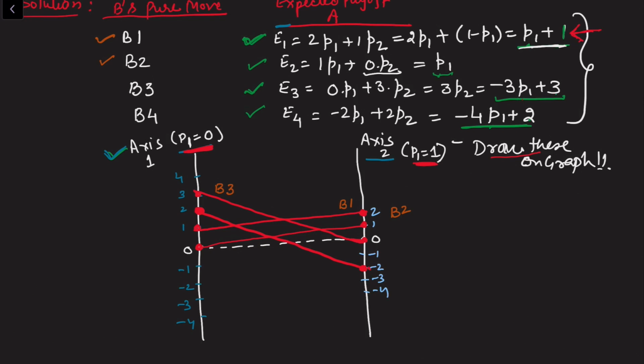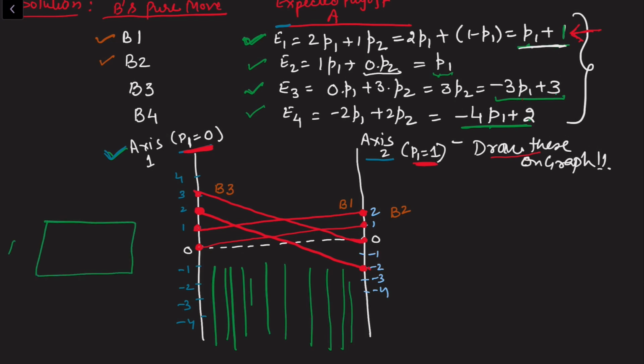So we want to find the minimum value. This is considered the lower envelope. In player A's payoff, first we select the minimum values, and out of these minimum values, we select the maximum value. That is why it is called maximin. So here I want to choose the minimum, which means I need to first find the lower envelope.